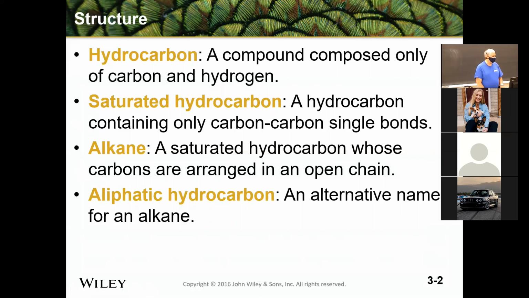I discussed this in terms of functional groups, so be aware of these and know these terms: what a hydrocarbon is, what a saturated hydrocarbon is, and what an alkane is. Aliphatic hydrocarbon is another name for alkane.